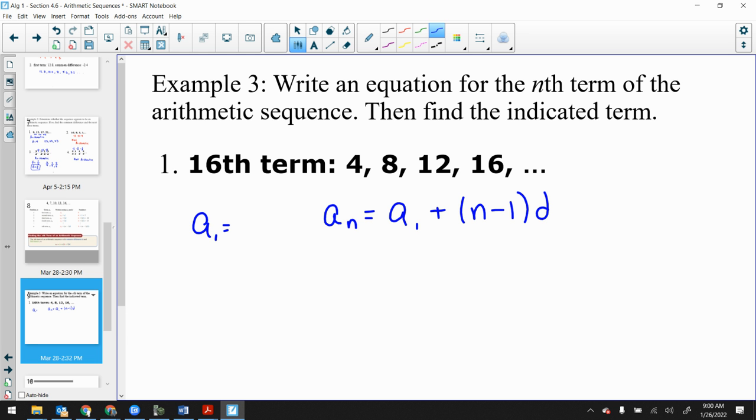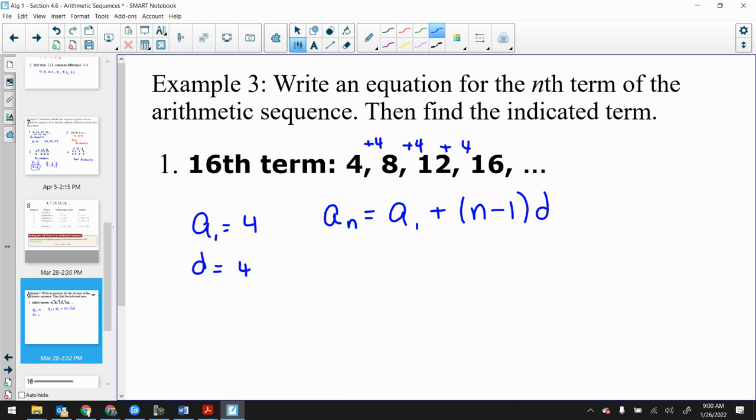So what is a sub 1 in this case? 4. Yeah, just like my other sequence, 4. It's my first term. What is my d in the sequence? 4. D is common difference. Plus 4, plus 4, plus 4.